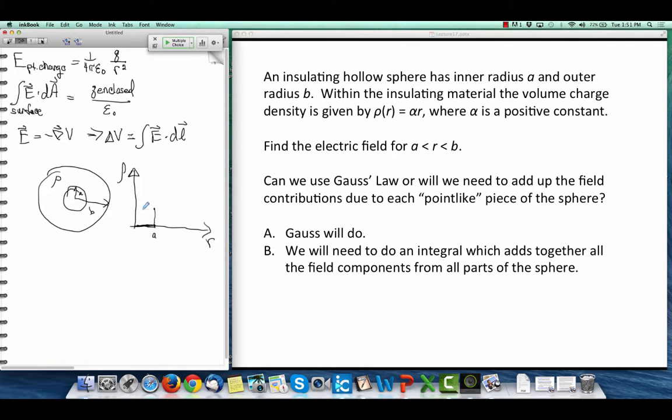So larger volume charge density at the outside than the inside.